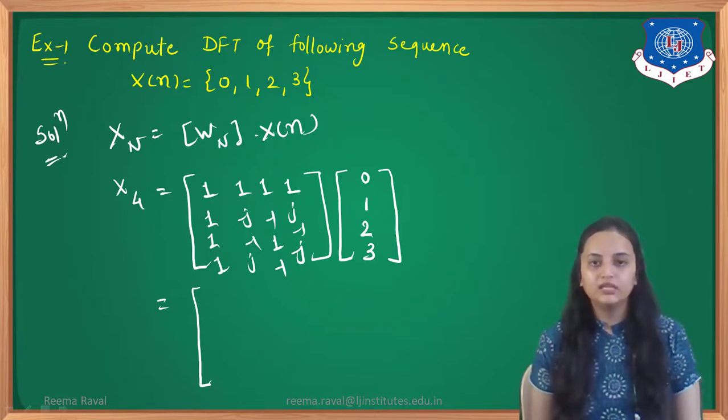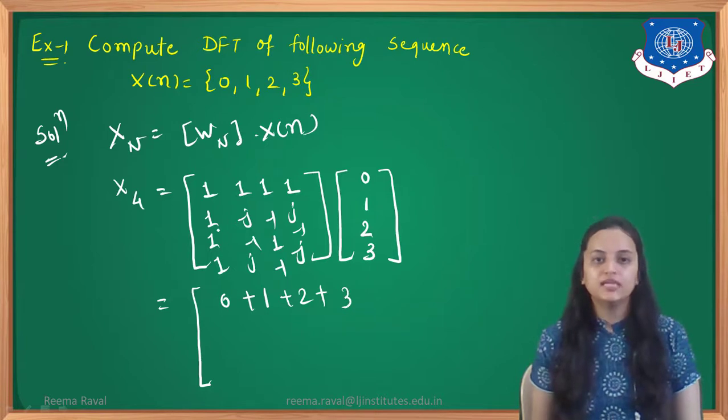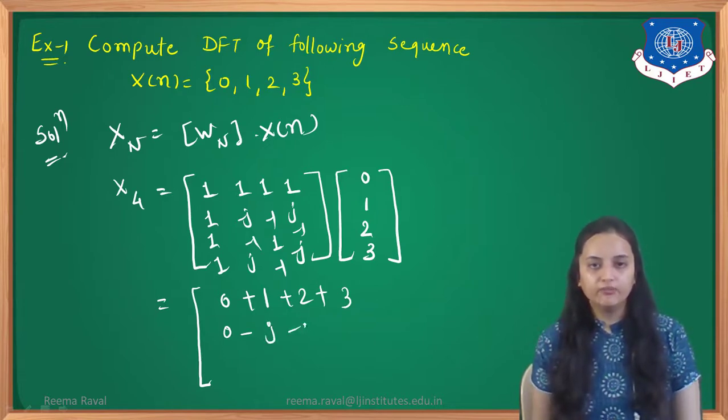Now multiplying the values with the respective elements, 1 into 0 will give 0, then 1 into 1 will give 1, then 1 into 2 will give 2, plus 1 into 3 will give 3. Same way for the second row, 1 into 0 will be 0, minus j into 1 will give minus j, minus 1 into 2 will give minus 2, plus j into 3 will give plus 3j.